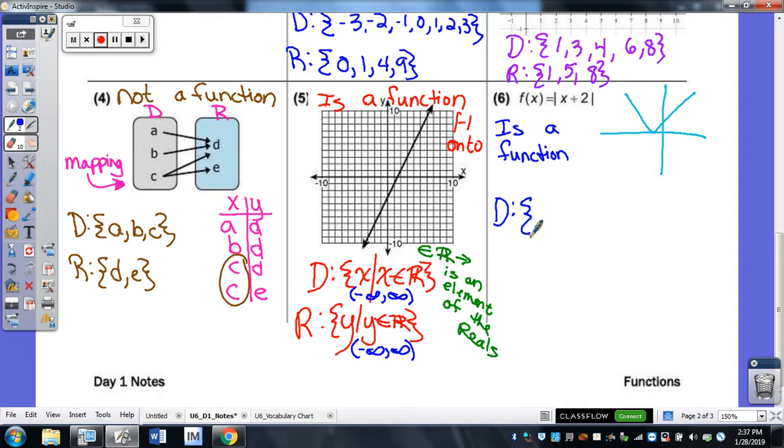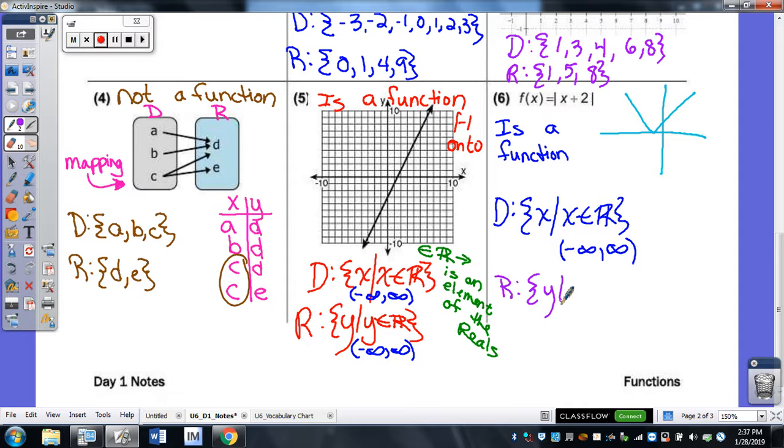Domain. This one's going to keep going on forever. So your x's would be an element of the reals, or if you prefer, negative infinity to positive infinity. It could be everything for that one. Our range, though, can we use everything for our y's? No, we already said that. We said it wasn't onto, so it's not going to be everything for your y's.